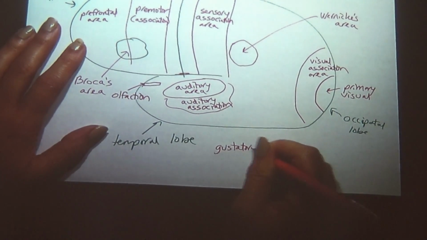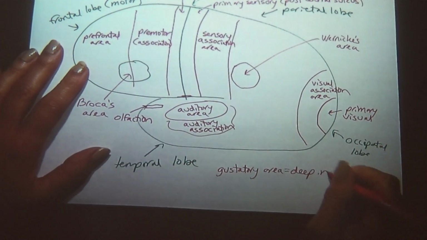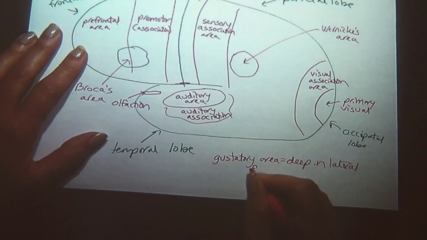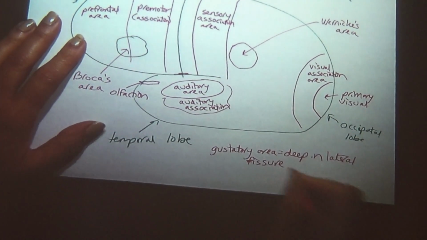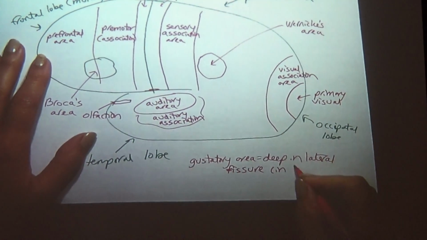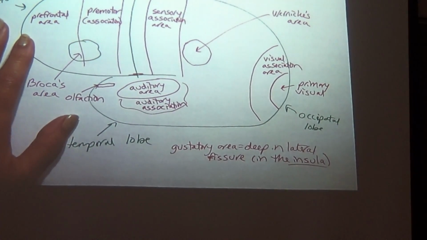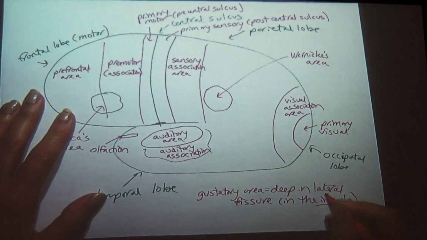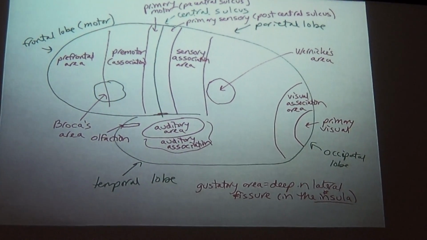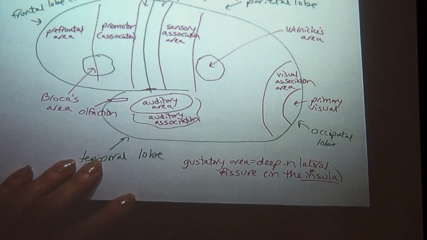So the gustatory area is deep in the lateral sulcus, or fissure, in an area called the insula, which you don't need to know the insula for lab. Probably will need to know it for lecture, so I just put that in parentheses. You don't necessarily need to write that. But I might ask that as a gustatory area. Where is it? It's in the lateral fissure.